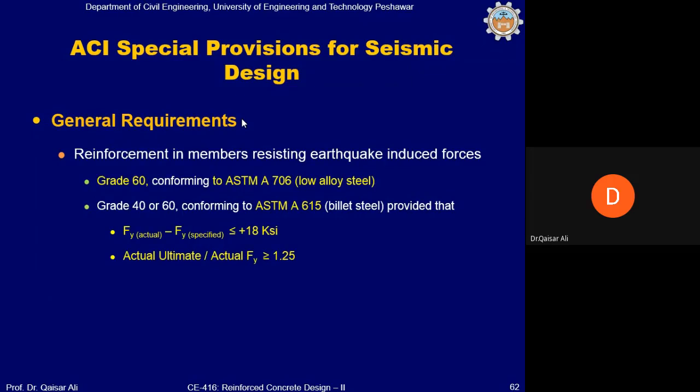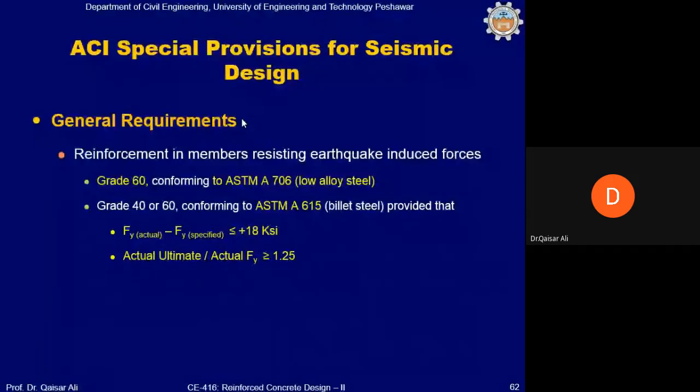The first requirement is that when you bring a steel sample to the lab and test it, you get the actual yield of the steel bar, and then this actual yield minus the specified yield strength. The specified yield strength for grade 40 is 40 ksi and for grade 60 is 60 ksi.